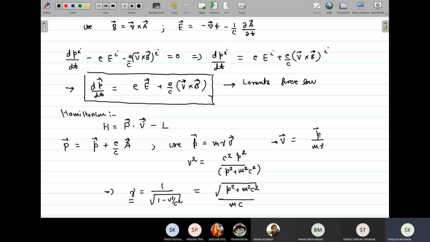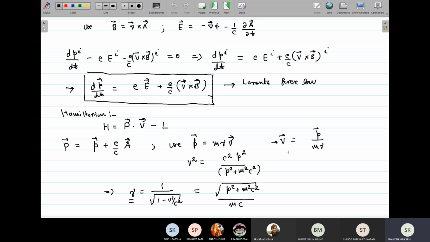But one can always replace this small p, using this relation, by capital P minus this factor. So if you do that and do the same thing in the L also, if you do everything, the calculation for converting, let me mention a few things.